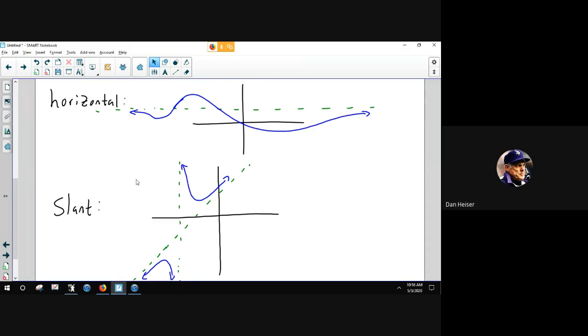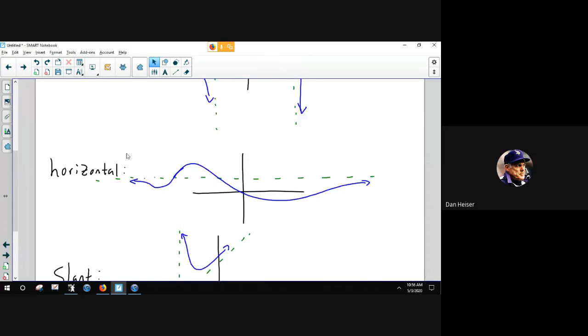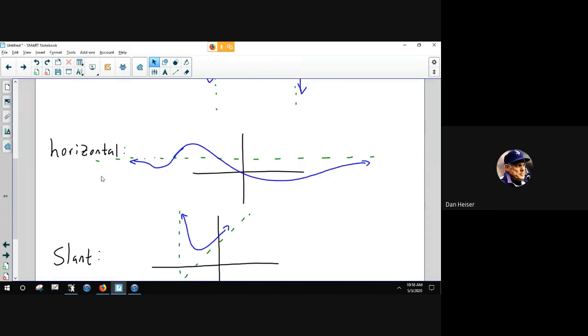You will never ever have a horizontal and a slant in the same function. You will have one or the other. You can have a horizontal only, you can have a vertical only, you can even have a slant only, but you will never have a horizontal together with a slant.